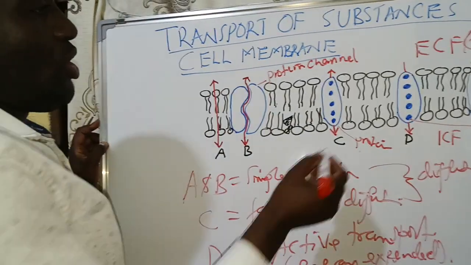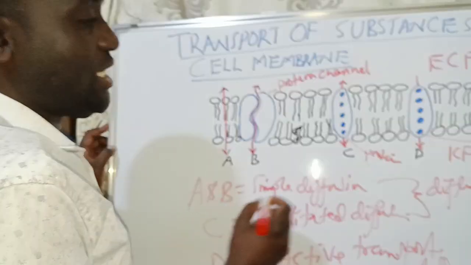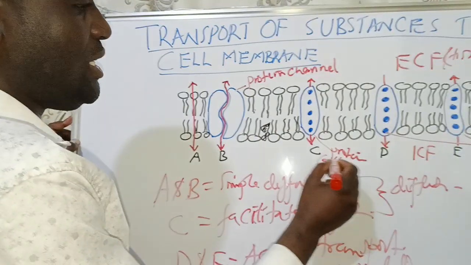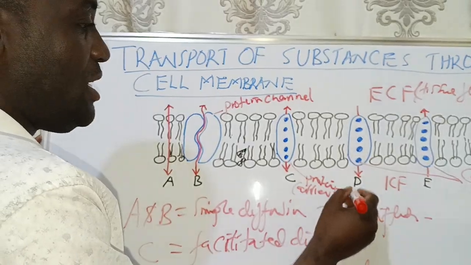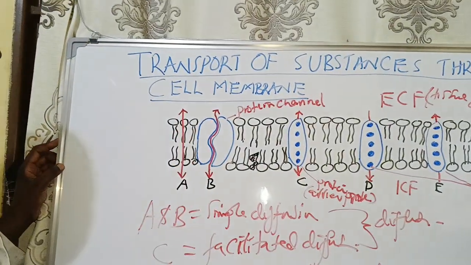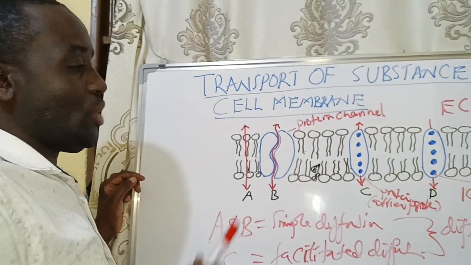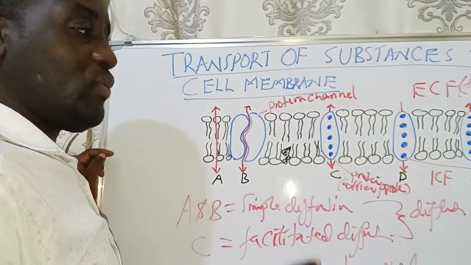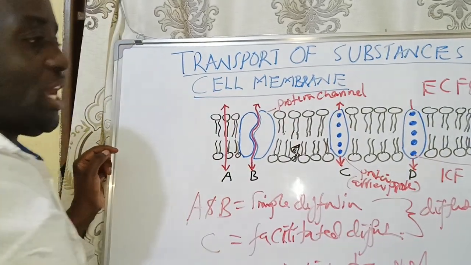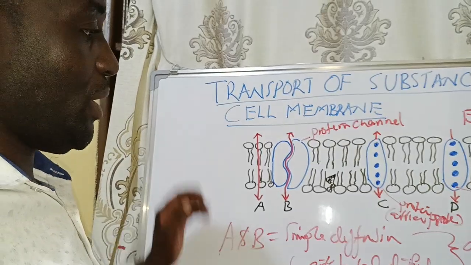But also, this protein here for facilitated diffusion, which just changes configuration, is also a carrier protein. So how do they differ from the protein for category B, simple diffusion? For B, there are channels, while the carrier proteins just change configuration and have no channels. I hope you've understood that very well.